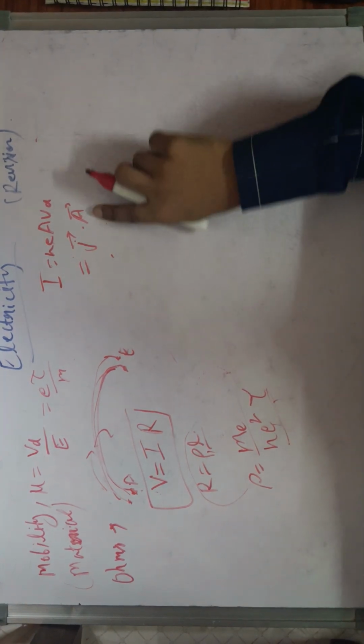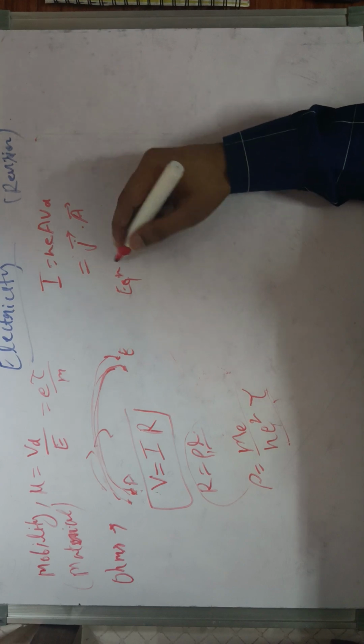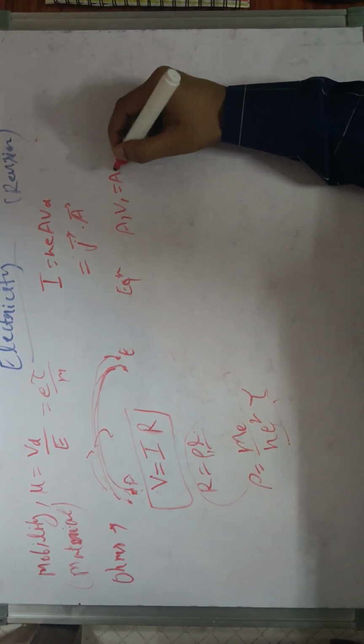There is an equation that is similar to the equation of continuity, that is a1 v1 is equal to a2 v2.